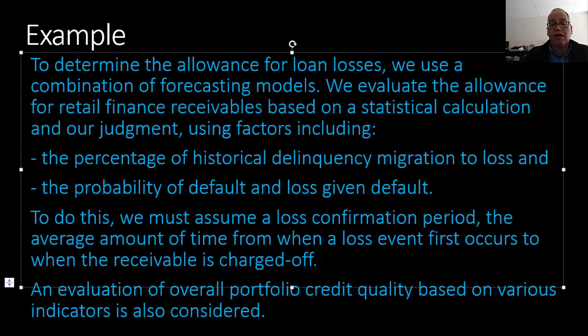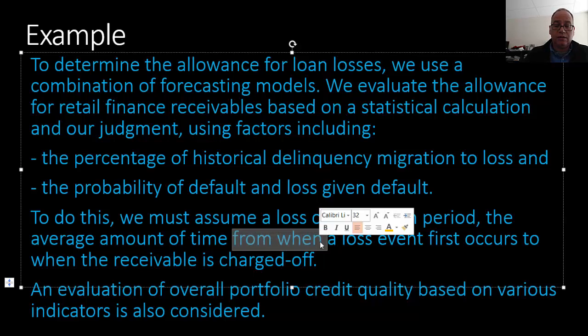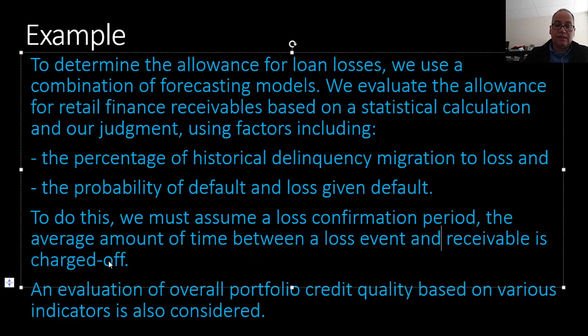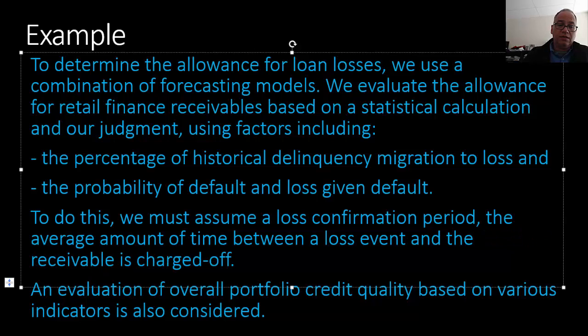The imaginary amount of time between a loss event, this is for concise, and the receivable charge off. An evaluation of overall portfolio credit quality based on various indicators is also considered. But wait, I've got a better idea. The probability of default, wait, these are more factors, right?